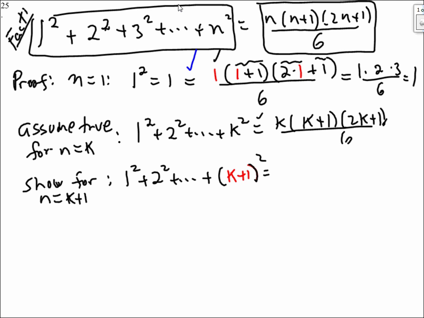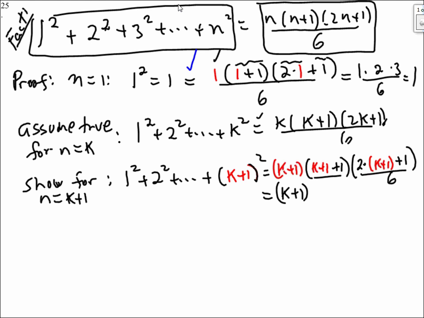It equals k plus 1 times k plus 1 plus 1 times 2 times k plus 1 plus 1 over 6, which becomes k plus 1, k plus 1 plus 1, k plus 2.